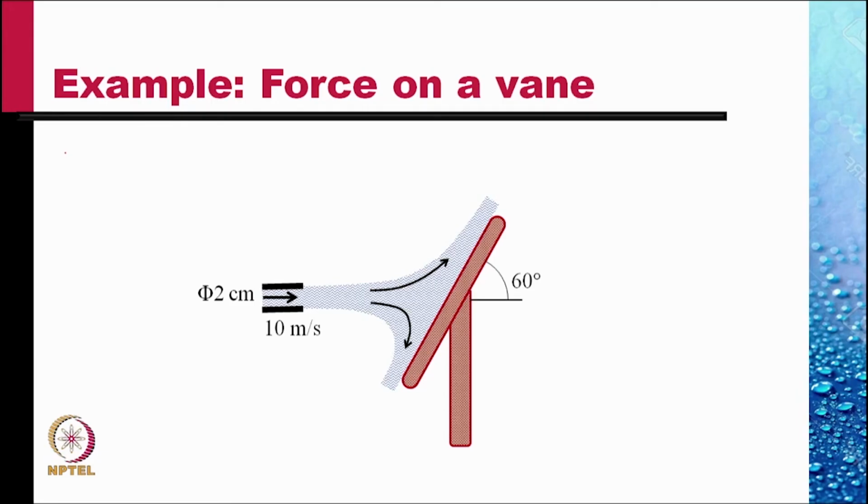We have to determine what would be the force that would be needed to keep this vane in place. Let that force have two components, Fx and Fy, as shown. Now to determine Fx, we need to write the x component of the momentum equation, and to determine Fy, we need to write the y component of the momentum equation.